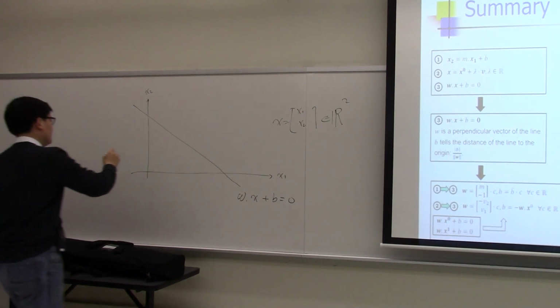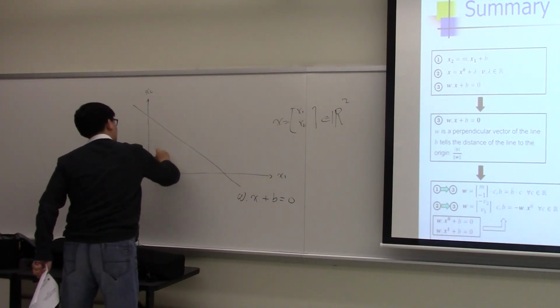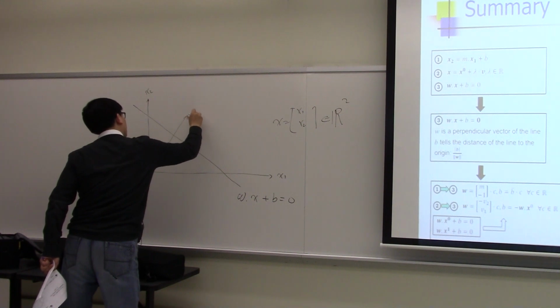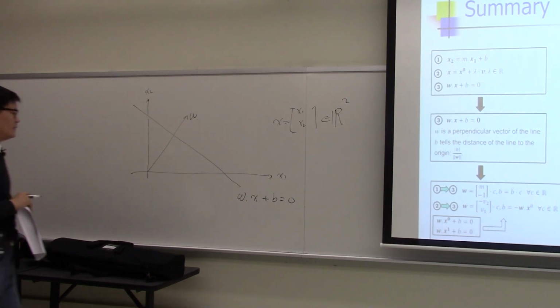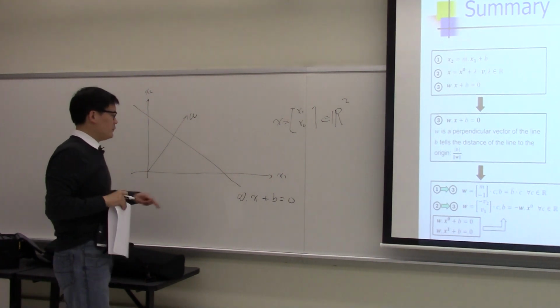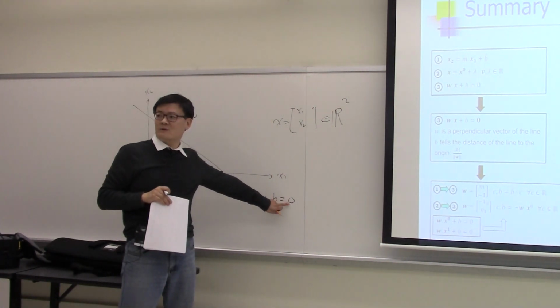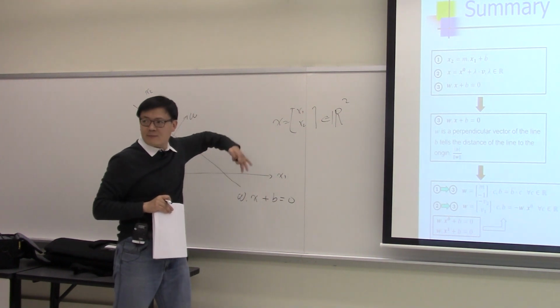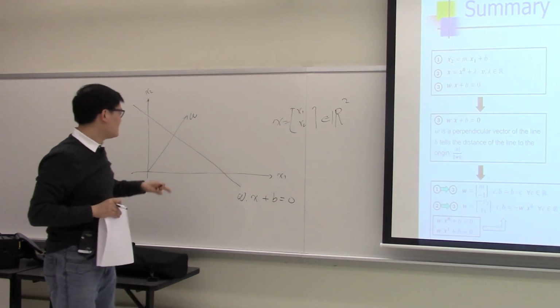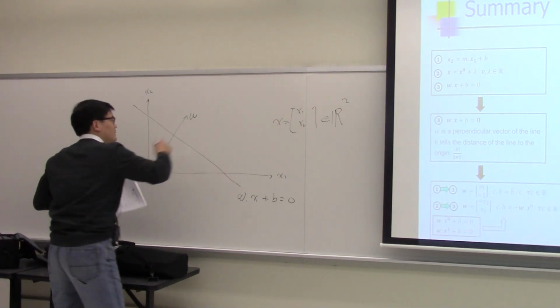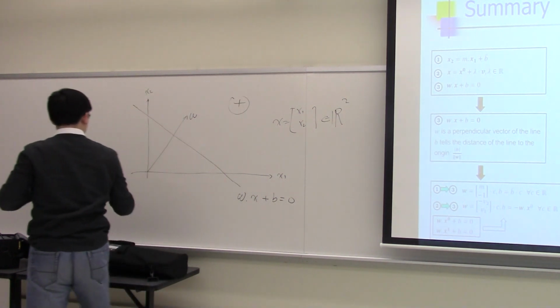W basically is a vector that is perpendicular to the line. If you replace this 0 with a positive value, the line moves in parallel towards the direction of W. So W tells you this is the positive space, this is the negative space.